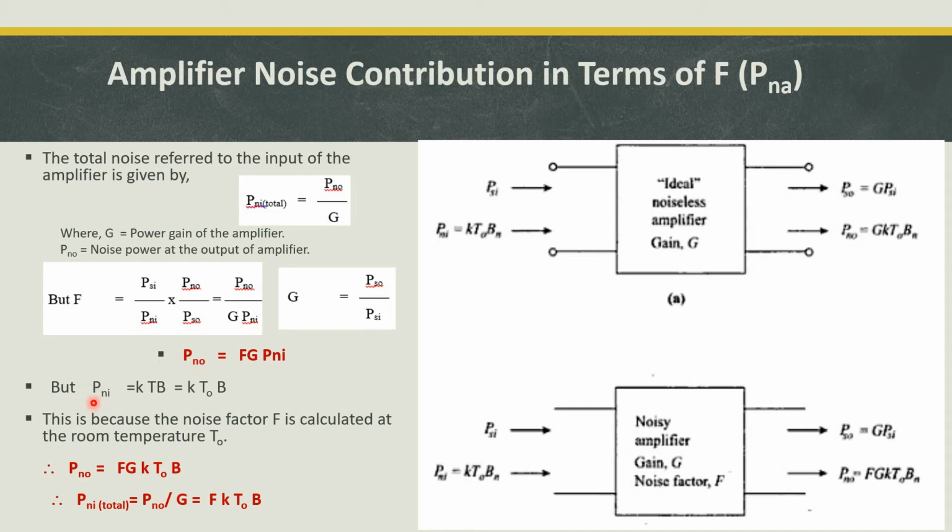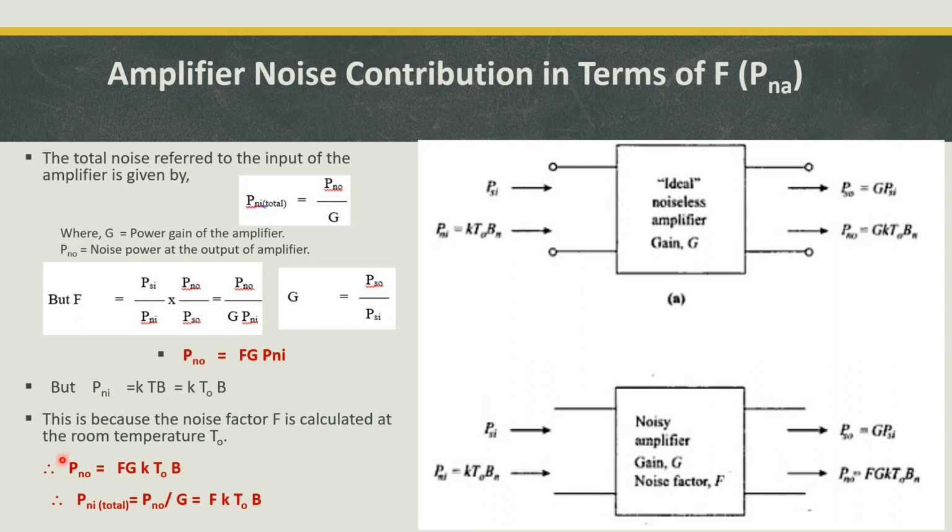So you know that in the general formula, PNI, the input noise, is equal to KTB or KT0B, T0 representing room temperature. Now we are going to rewrite PN0 is equal to FG KTB. We are going to replace this PNI by using this particular formula. So FG KTB.